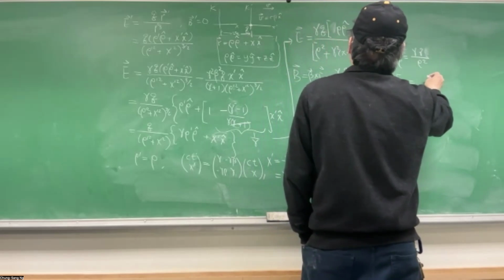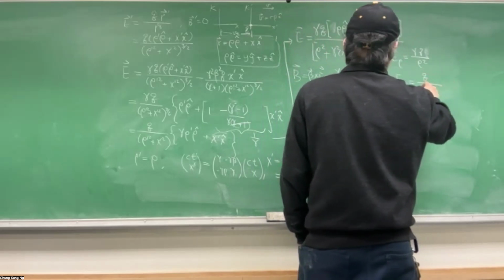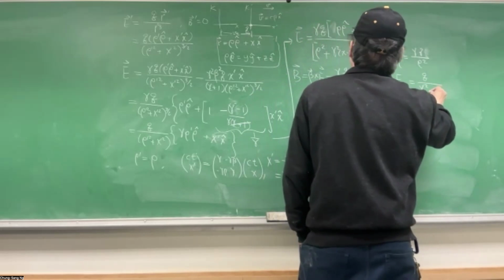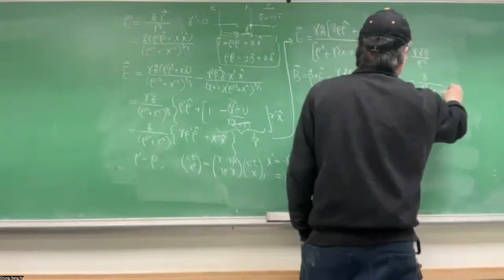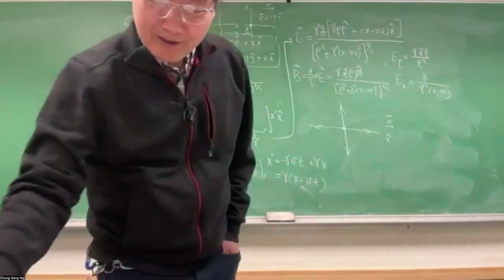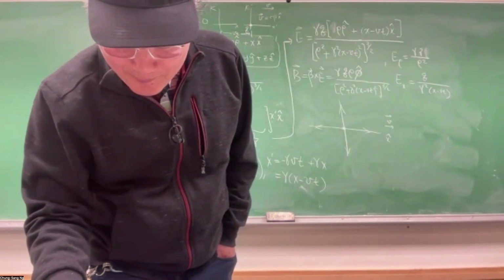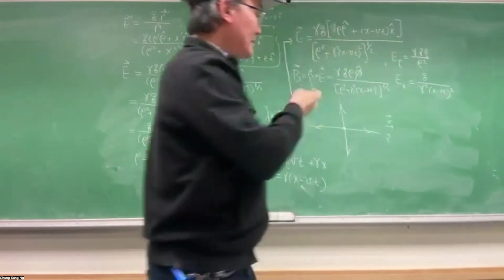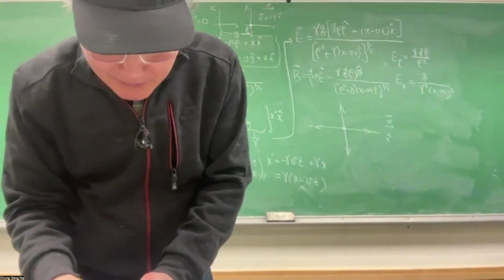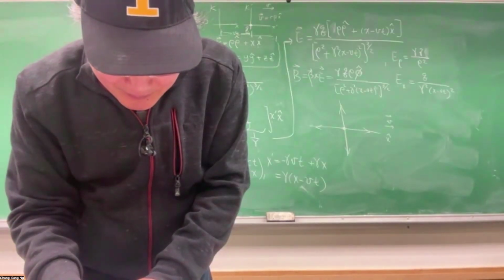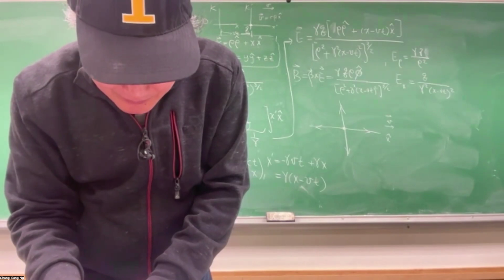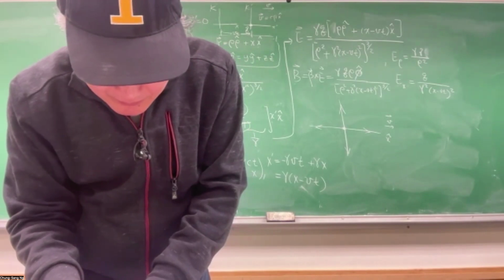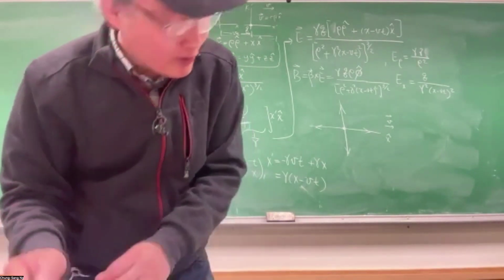That is q divided by gamma square. I hope I got it correct. Yeah, I think so. I hope so.